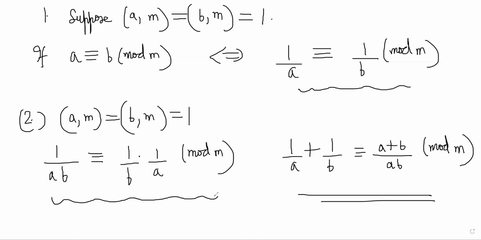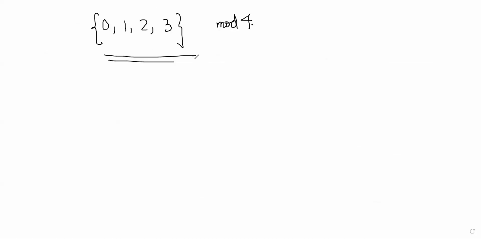So for example, let's take a few examples and see what is happening. So let's say we have the set 0, 1, 2, 3 mod 4. This is a complete residue system for mod 4, right? So now think about it. For A equal to 1, what is the inverse of A? What is 1 by A?